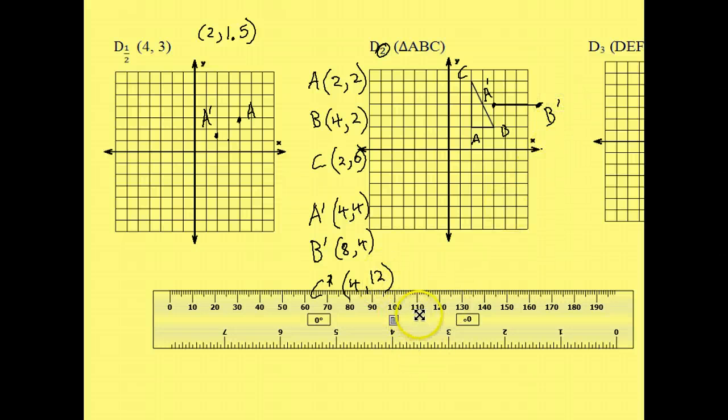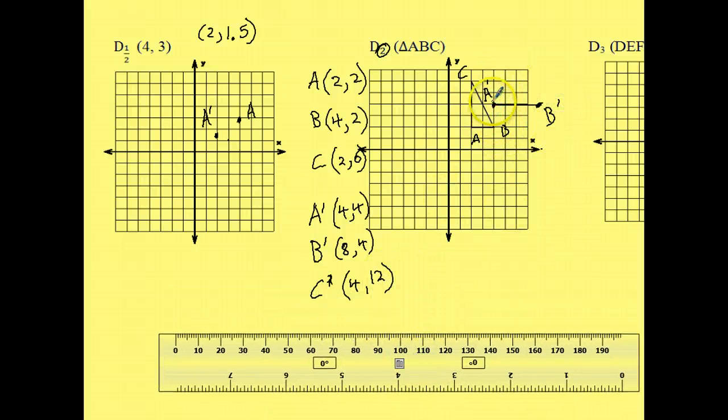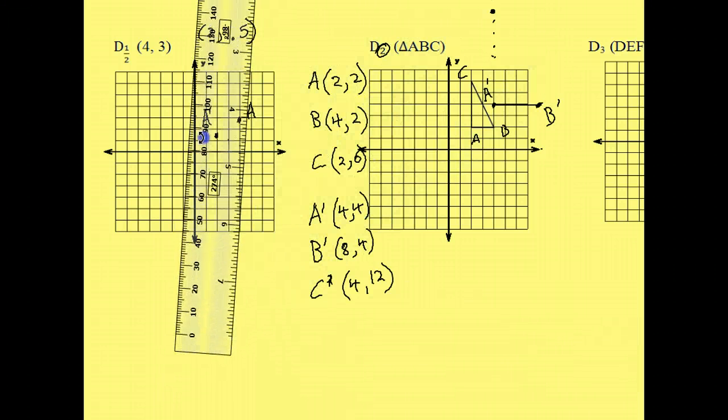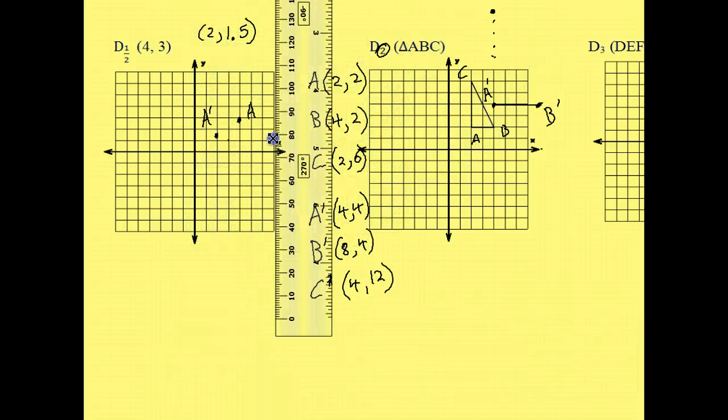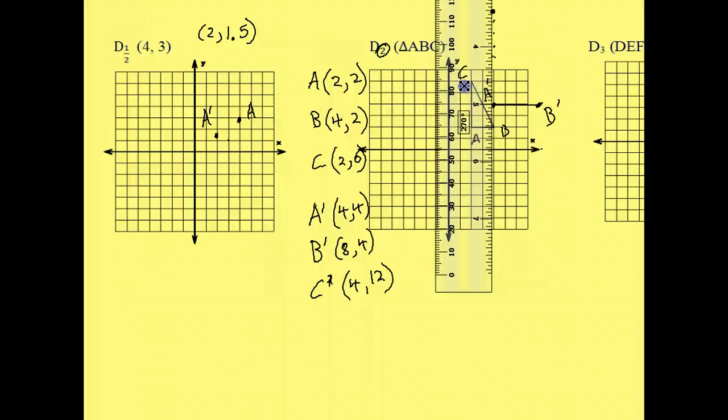And then C prime is (4, 12), so 4, 5, 6, 7, 8, 9, 10, 11, 12. It's way up here, something like that. We'll do the best we can, no worries. And put our point. There we go.